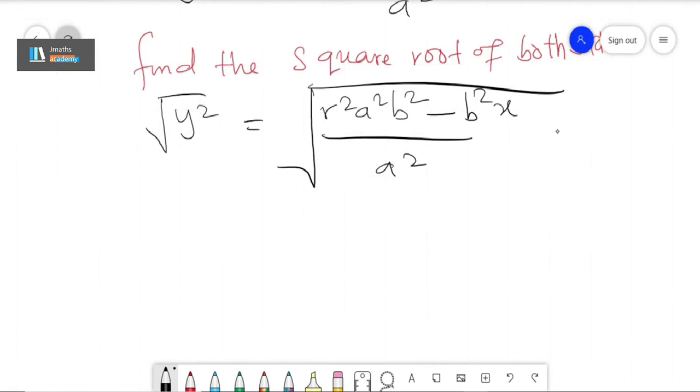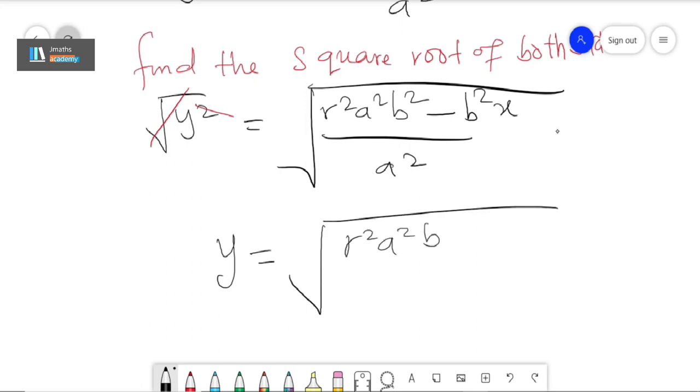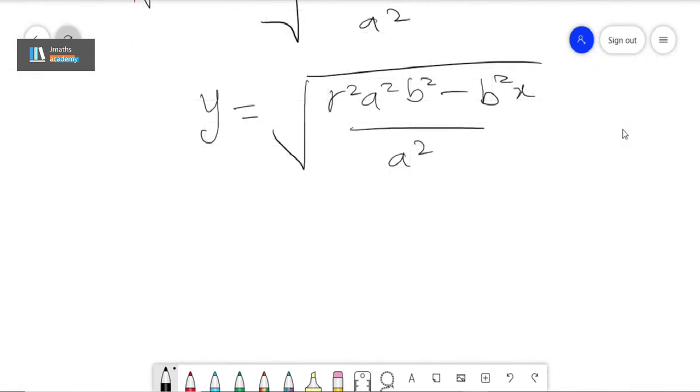Interesting, right? So on our left hand side, the square root cancels the square of y, and we are left with y is equal to the square root of r squared a squared b squared minus b squared x over a squared. Now we've succeeded in making y the subject of the formula.